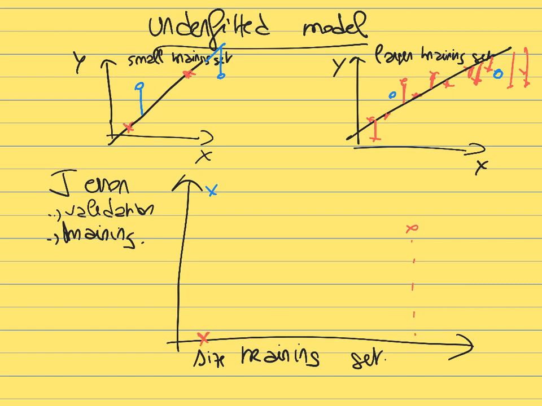Initially, when you have very few points, despite the fact that it's underfitted, it can still go through every point of your training set, so the error is pretty small. But very quickly, the error will increase because your model is just not complex enough to go through the points of your training set. Now, if we look at the validation set, then your model is still going to be bad.